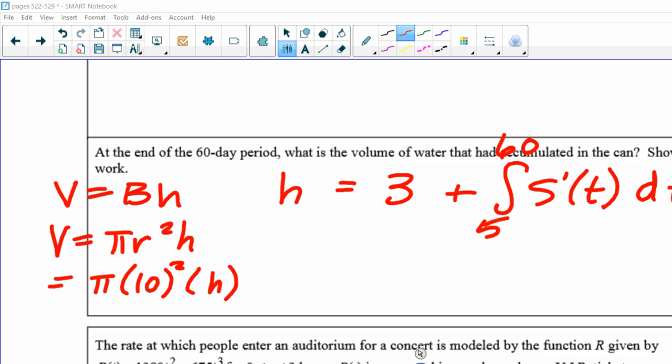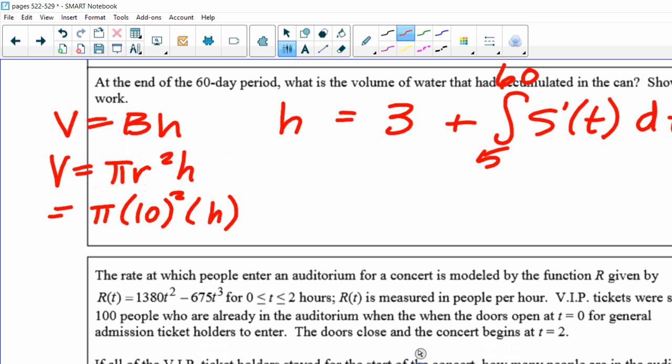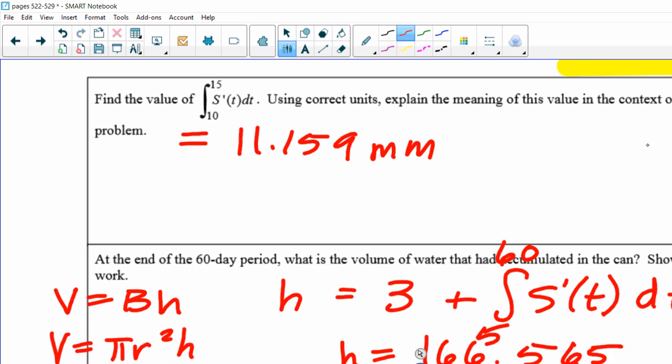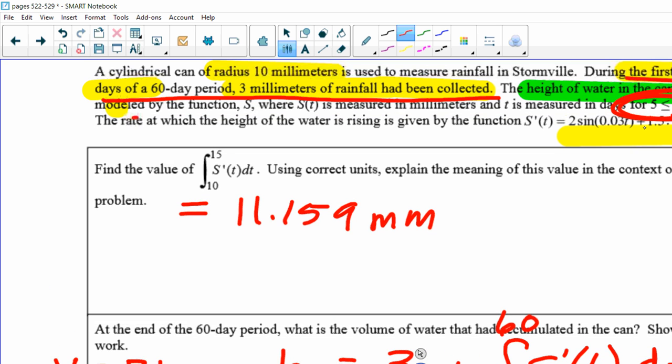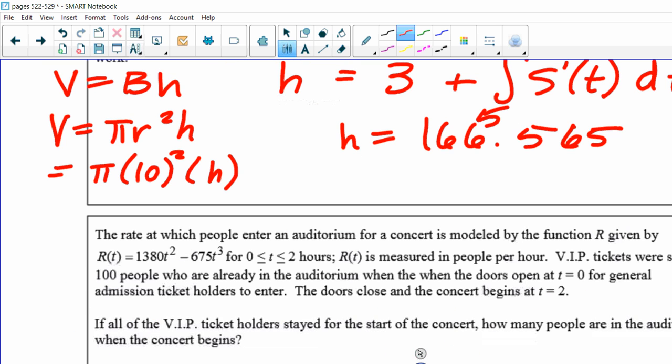What number did you get for this? My suggestion would be you must have plugged something in wrong. Something must be typed in wrong. That's your height. That's the height of water in millimeters in that can after the end of 60 days.